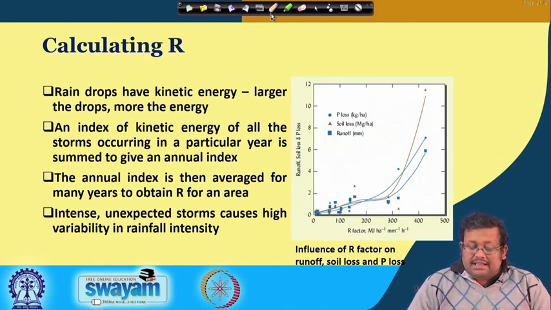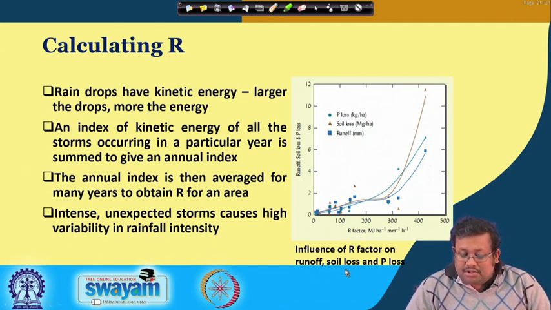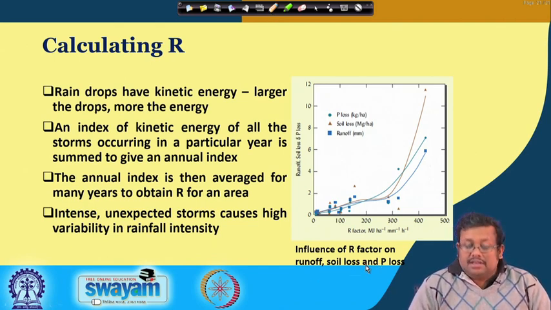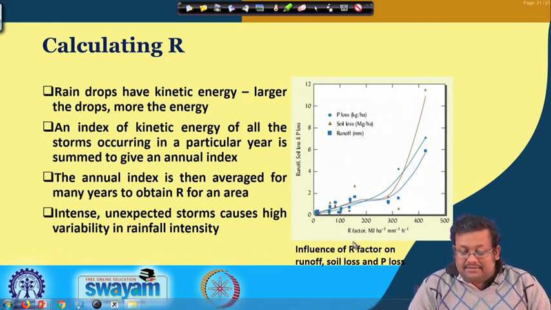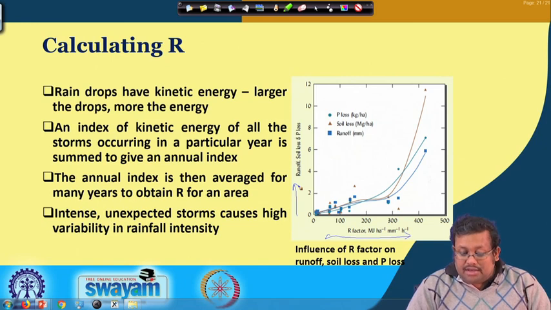This shows the influence of the R factor on runoff, soil loss and phosphorus loss. As you can see, on the x-axis the R factor is given and it is increasing in this direction, and on the y-axis runoff is shown. As the R factor continuously increases, the runoff increases.